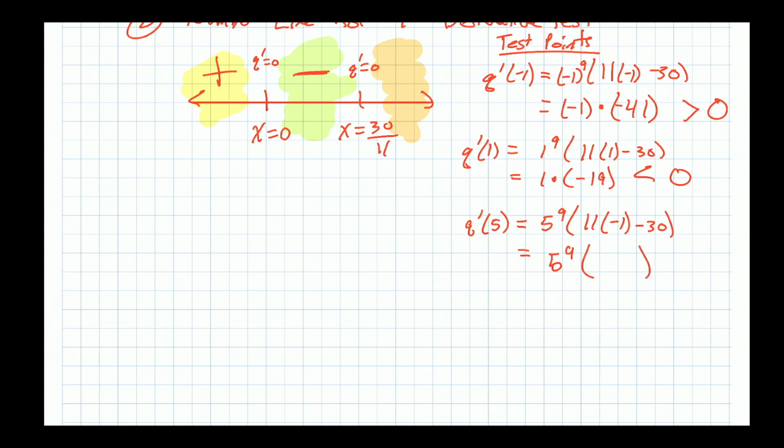Oh, whoa. Why did I put a -1 in there? That's weird. Should have been 5, right? Okay. 11 times 5 is 55. 55 minus 30 is 25. Now I can look at that and say, well, 5 to the 9th times 25, that's definitely positive. So there's my number line there.